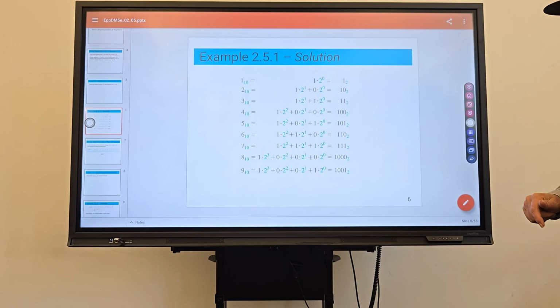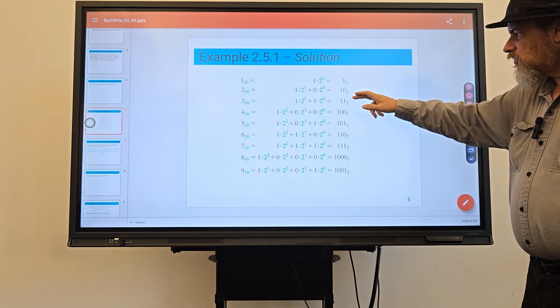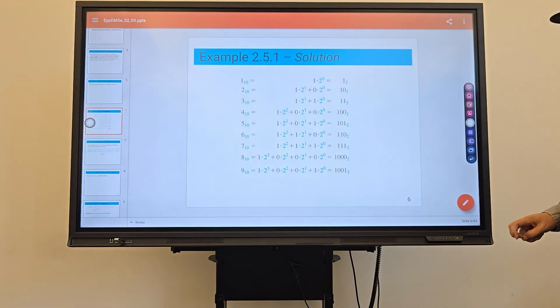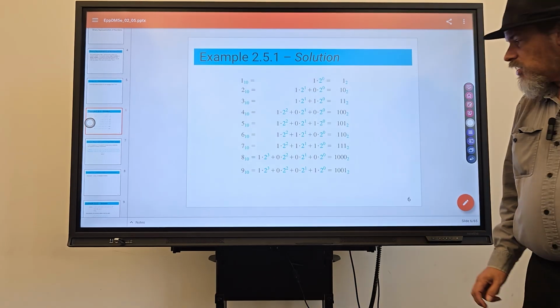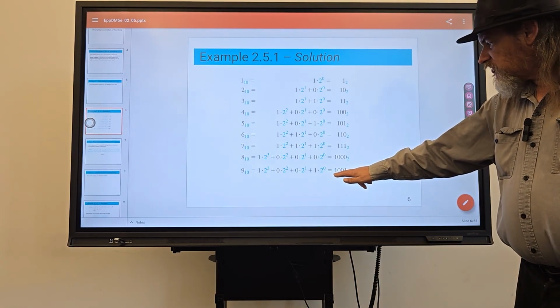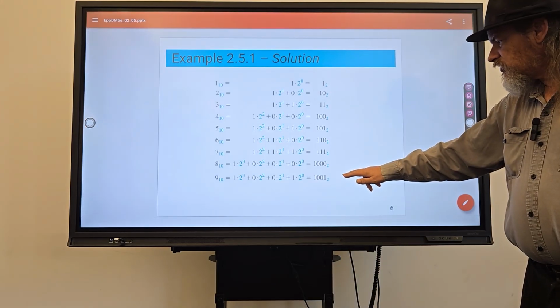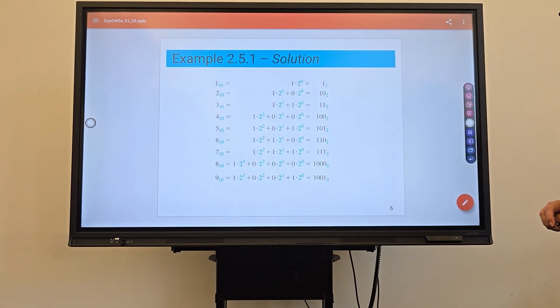So your numbers are 1, 10, 11, 100, 101, 110, 111, 1000, and then 9 is 1001, which is 1 in the 8's position, 0 in the 4's position, 0 in the 2's position, and 1 in the 1's position to make 9.